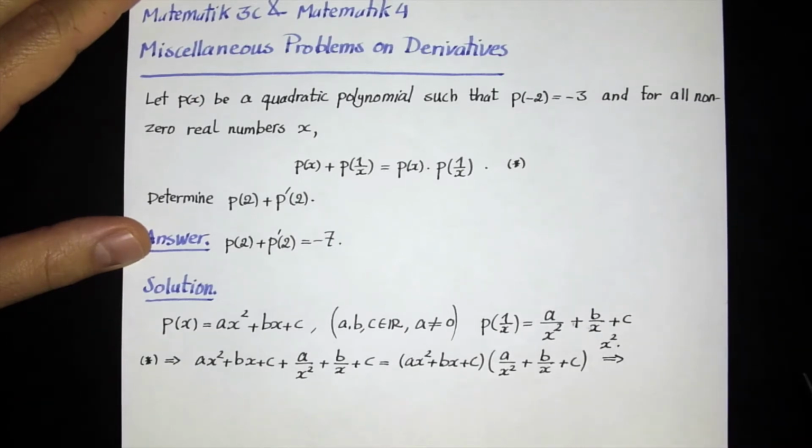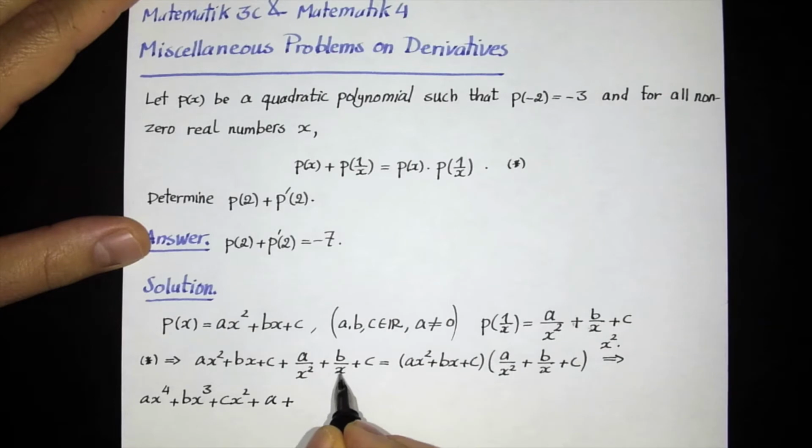This term becomes ax to the 4. The next term becomes bx cubed. The next term becomes cx squared. But the next term, the x squared in the denominator will cancel the x squared that I am multiplying in, so it becomes a. For the next term, one of the x's cancels, one x survives, multiplied by its numerator, and it becomes bx. And then if I multiply c by x squared, it becomes cx squared.